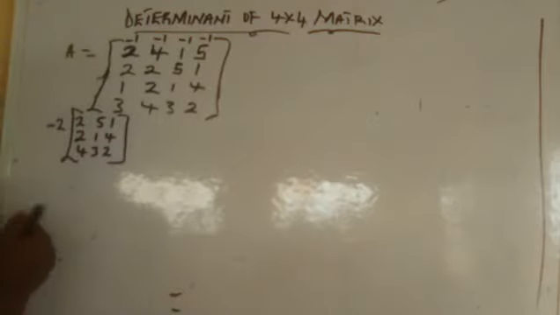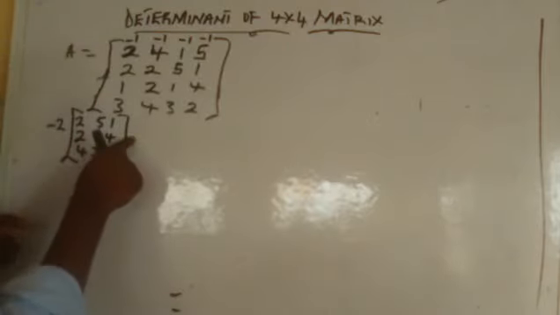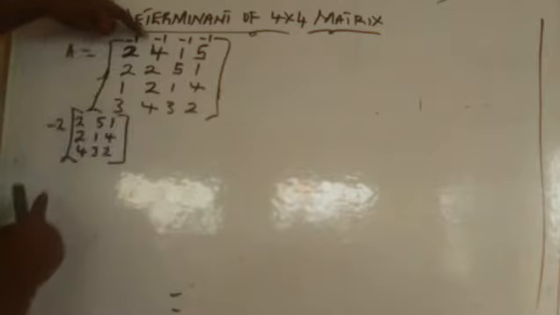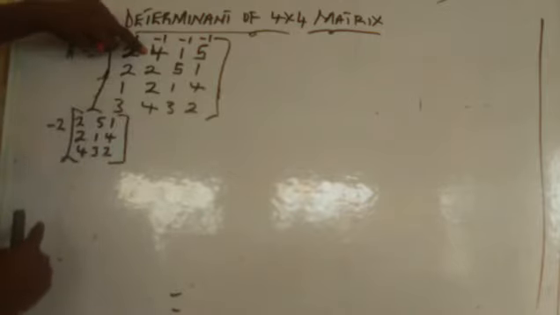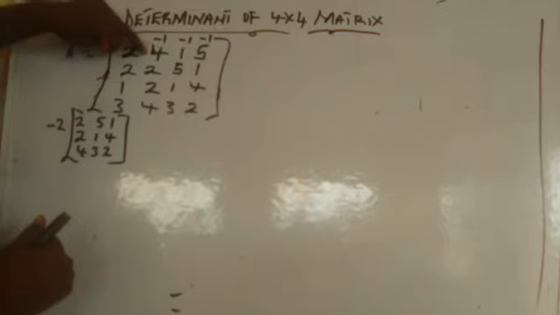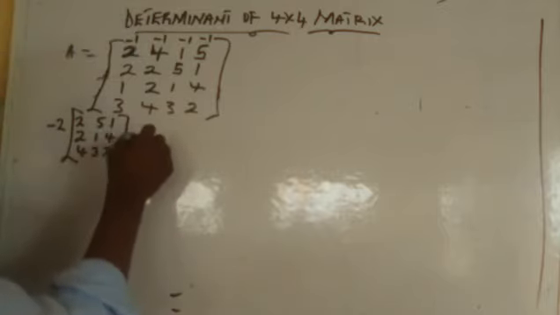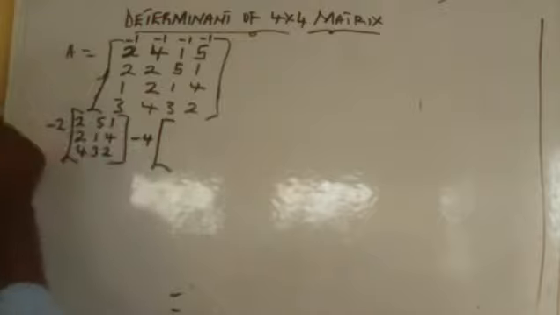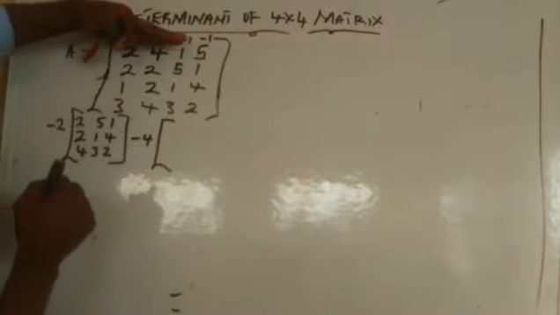Before I put anything here, I must first multiply the -1 by the first element of the second column, as I did for the first column. So -1 times 4 will give me -4. Then I open the bracket here.